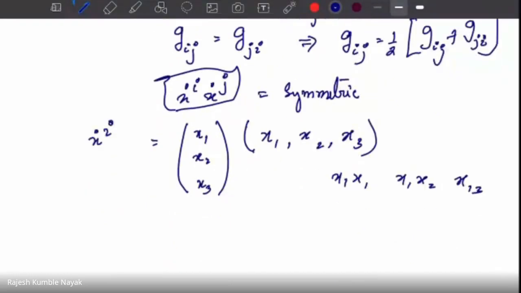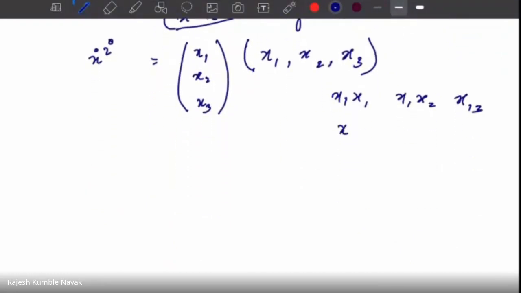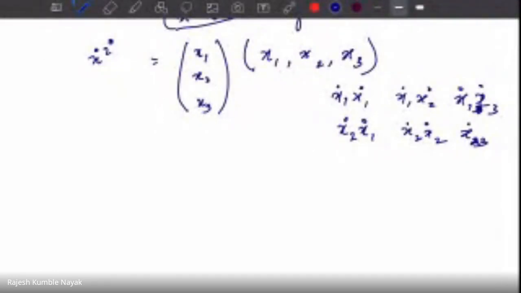And when you come here, then you have ẋ2ẋ1. You can flip it. It's just a set of real numbers, so there is no problem to flip them. ẋ2ẋ3, ẋ3ẋ2, ẋ3ẋ3. Okay, I forgot this dot, but you can mass produce dots. They are not a big issue.